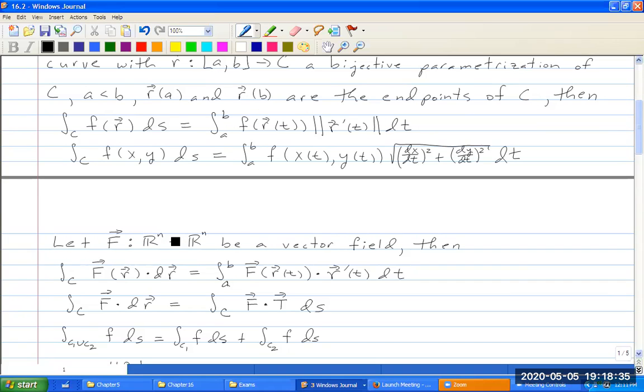Let f go from Rn to Rn. Let this be a vector field. Then the integral over the curve C of f dot dr is equal to the integral from a to b of f of r of t dot r prime of t dt. So we can see that it turns out that this is just going to be the exterior derivative of a one form.